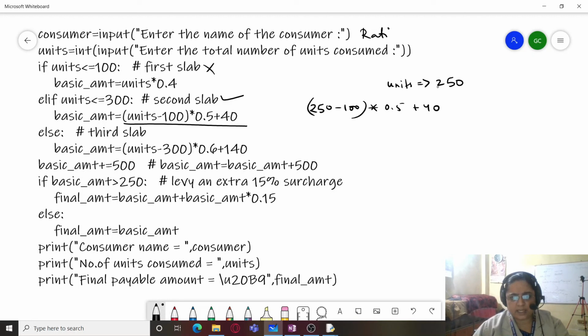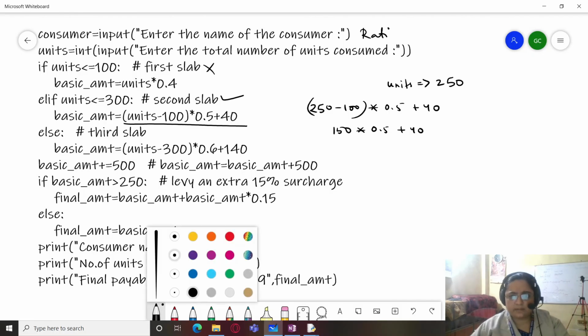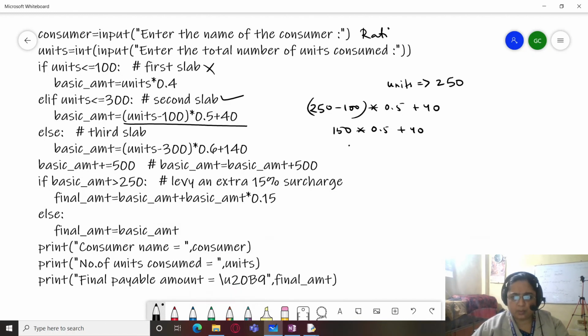So here we get 150 multiplied by 0.5 plus 40. So here it will be 150 into 0.5, which will be 75 rupees, plus 40, which will be equal to 115 rupees, which is your basic amount.